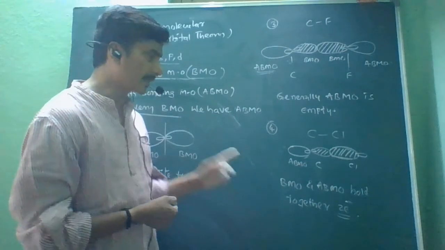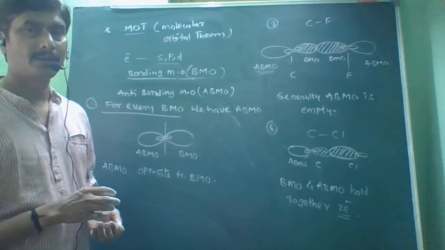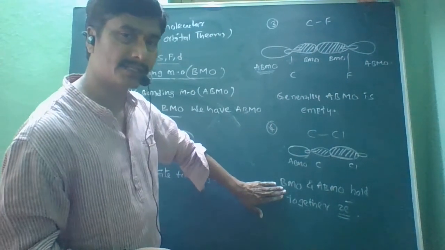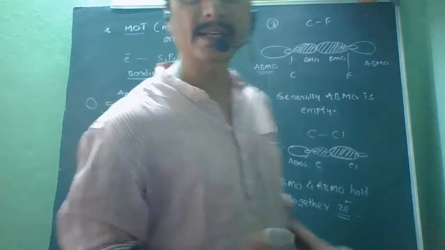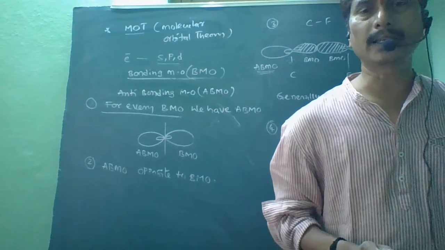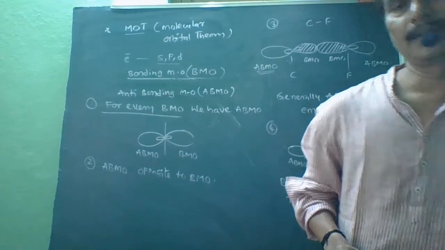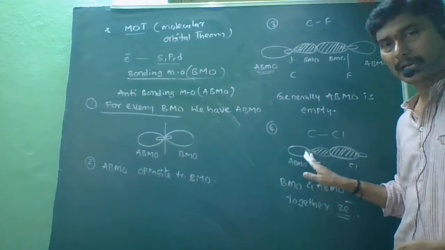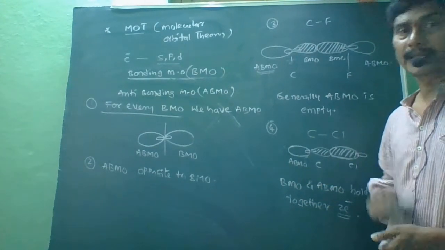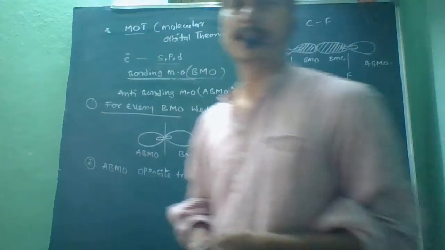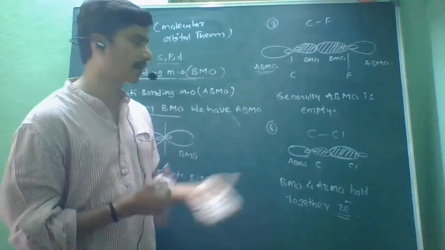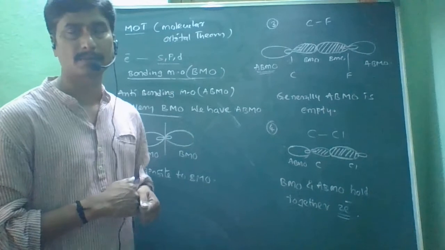In such cases, I repeat again, for some reason, if electron density increases on the anti-bonding molecular orbital, then it violates the maximum electron capacity of an orbital, because it becomes 4 electrons.